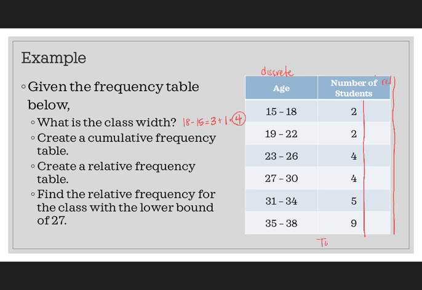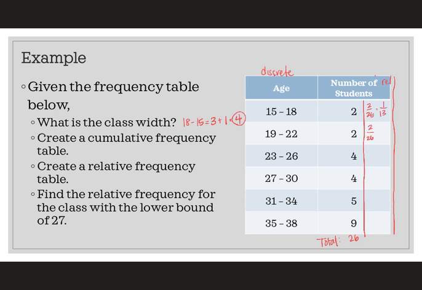So first thing I need to know, how many people did we talk to? 2 plus 2 is 4, plus 4 is 8, plus 4 is 12, plus 5 is 17, plus 9 is going to be 26. Now, relative frequency, I'm just going to take the number in this column, so 2 in 26, and then simplify.